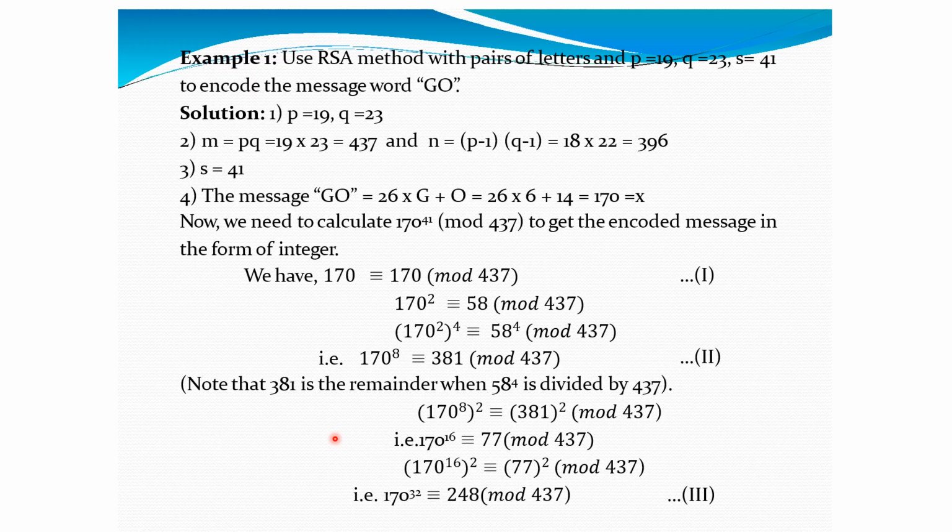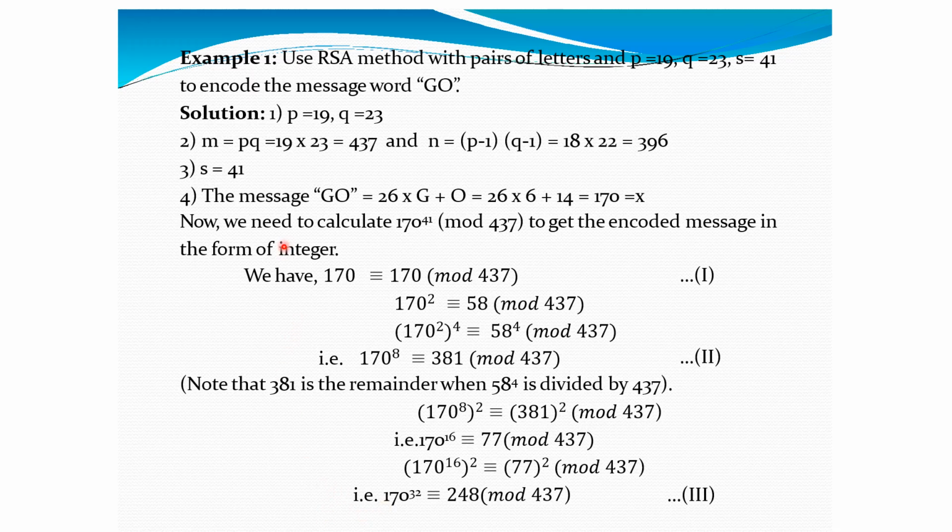So 170 raised to 16 is congruent to 77 mod 437 by the same logic. Now one more time we do square. So 170 raised to 32 is congruent to 248 modulo 437. After taking 77 square, we divide it by 437 and find the remainder. And then by transitivity, we get this part.